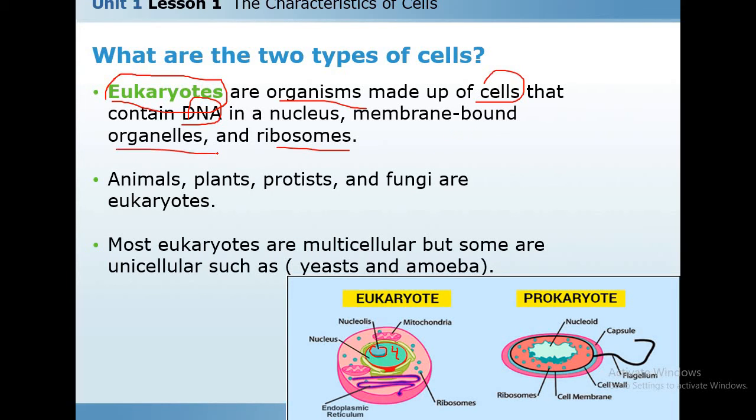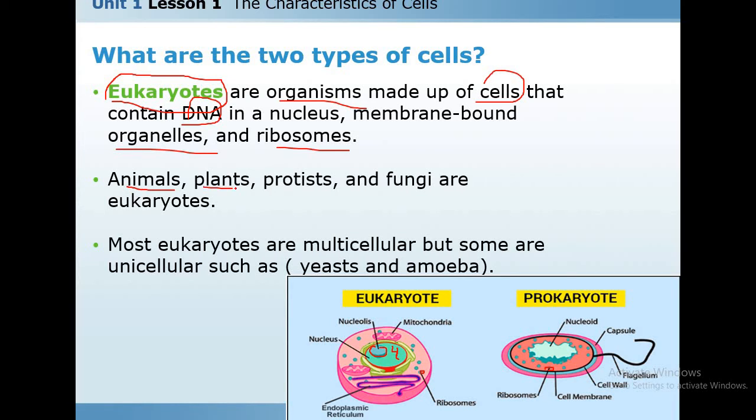Prokaryotes also have ribosomes, and eukaryotes also have ribosomes. A cell of a human has ribosomes inside it.